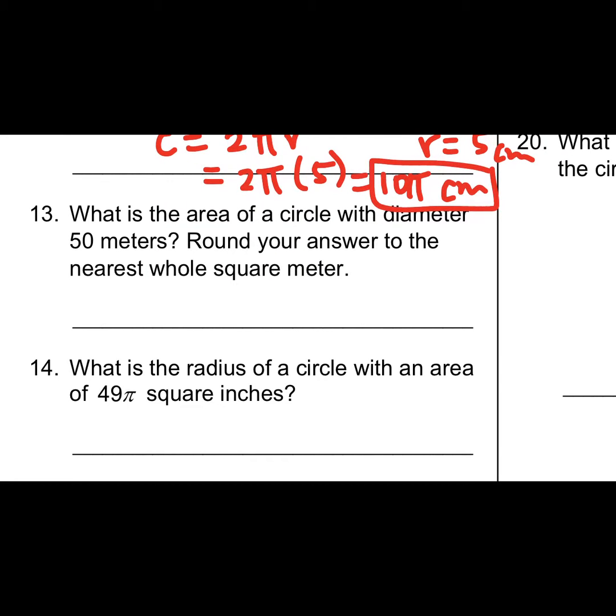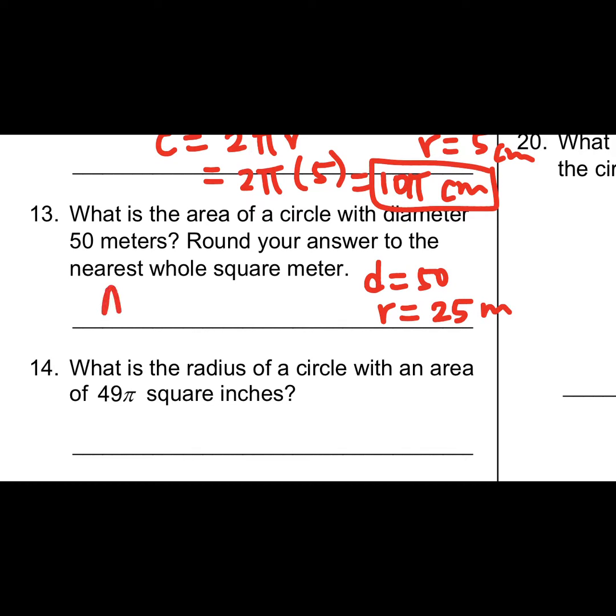Number 13, what is the area of a circle with a diameter of 50 meters? Round your answer to the nearest whole square meter. So we're going to start with realizing that the diameter is 50, which means the radius is half of that, which is 25 meters.